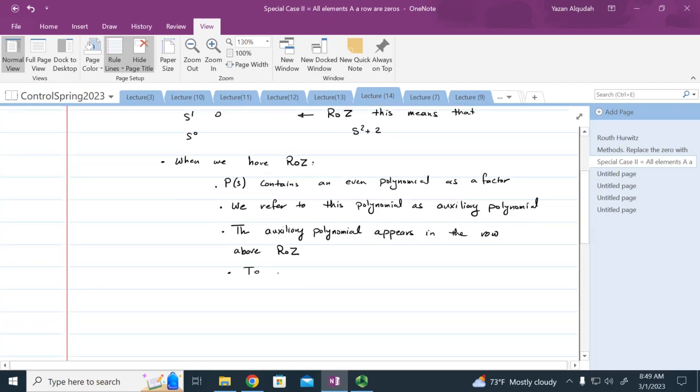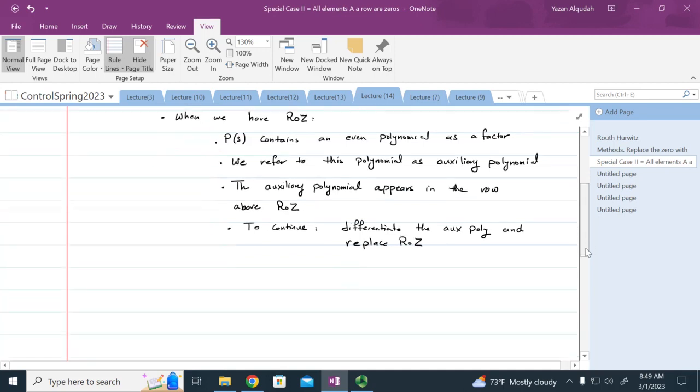And in order to continue, we will differentiate the auxiliary polynomial, and we replace the row of 0 with the result of that differentiation. So in this case, the auxiliary polynomial, which I call P2 of s, was equal to s squared plus 2.